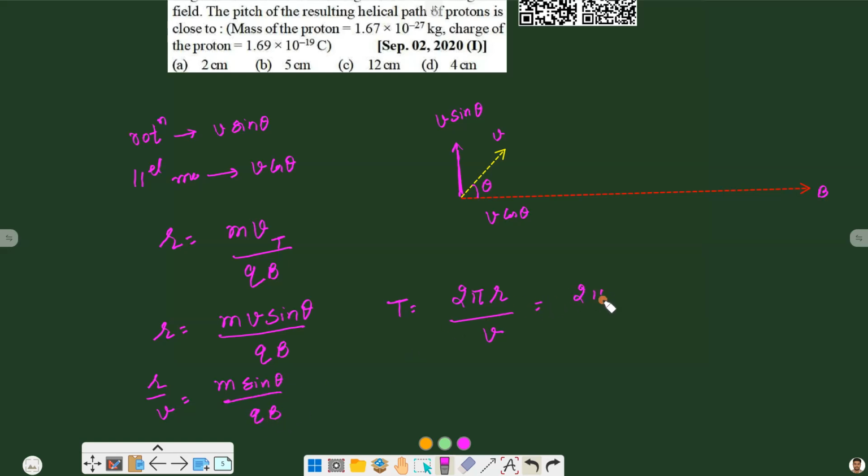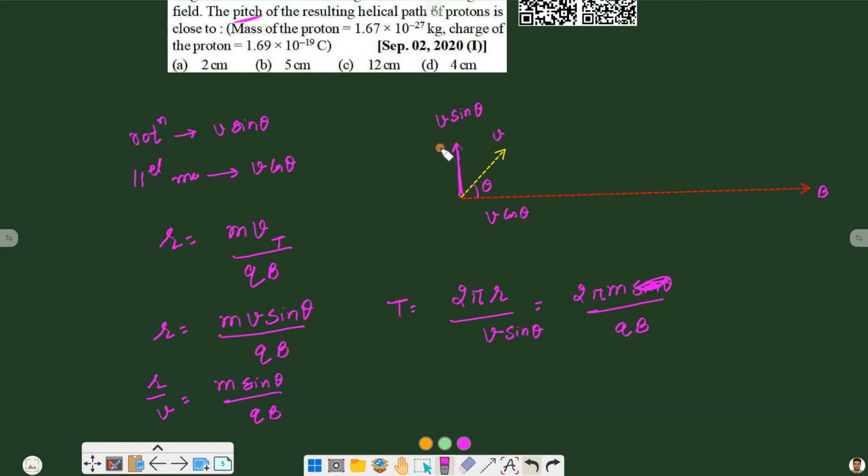Using this, 2 pi m sine theta by qB, or did we make some mistake? Yeah, here we have a perpendicular velocity, and the perpendicular velocity is v sine theta, so sine theta will stay here. So the time period will be 2 pi m divided by qB, and we have to find the resulting pitch.